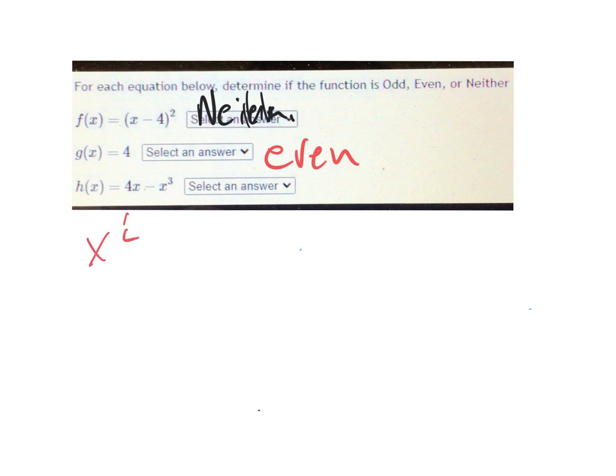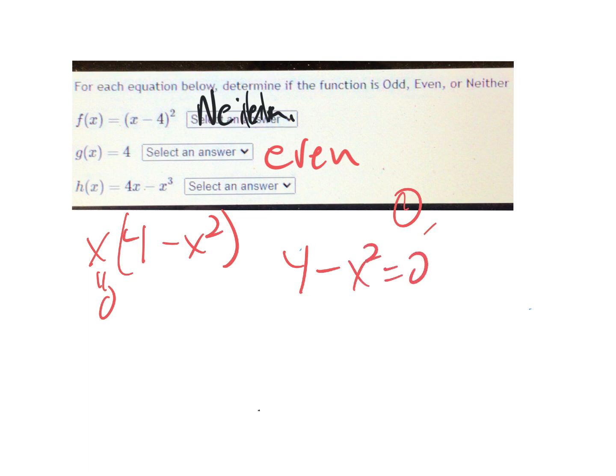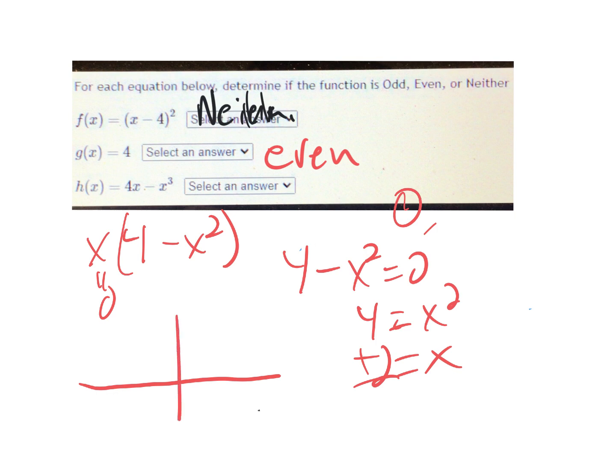I can factor out an x, and then when does x equal 0? Well, when x equals 0, so I know it crosses the x-axis at 0. Then we ask ourselves, where does 4 minus x squared equal 0? Well, that happens at x equals plus or minus 2 when I take the square root. So we know that it crosses here, it crosses here, it crosses here.